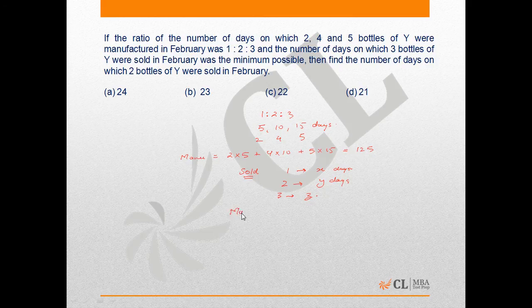Now manufactured minus sold will be equal to the leftover bottles, that is 125 minus 3Z is equal to 57.